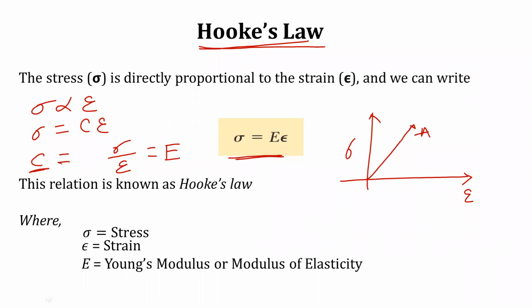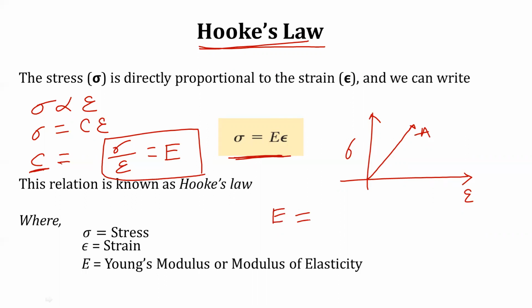Okay. So this is your Hooke's law, stress upon strain. This relationship is called Hooke's law, where sigma is stress, epsilon is strain and E is Young's modulus. What will be the unit of Young's modulus?